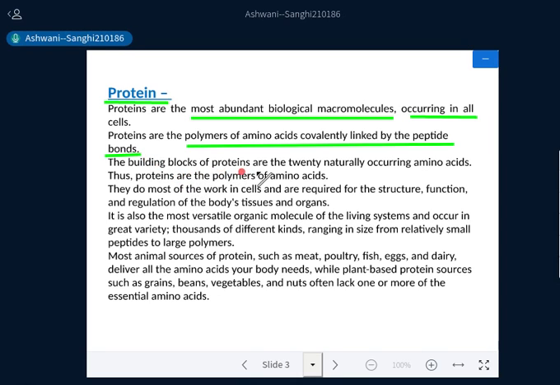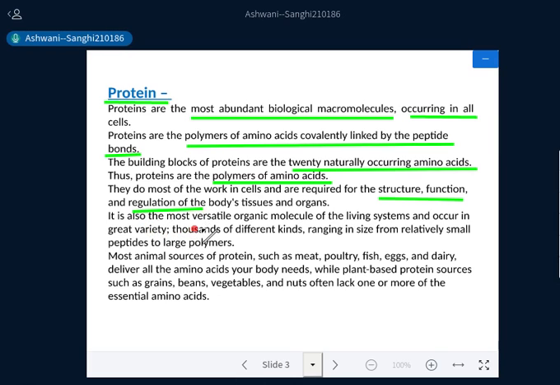The building blocks of proteins are 20 naturally occurring amino acids. Thus, proteins are polymers of amino acids. They do most of the work in cells and are required for structure, function and regulation of the body's tissues and organs.